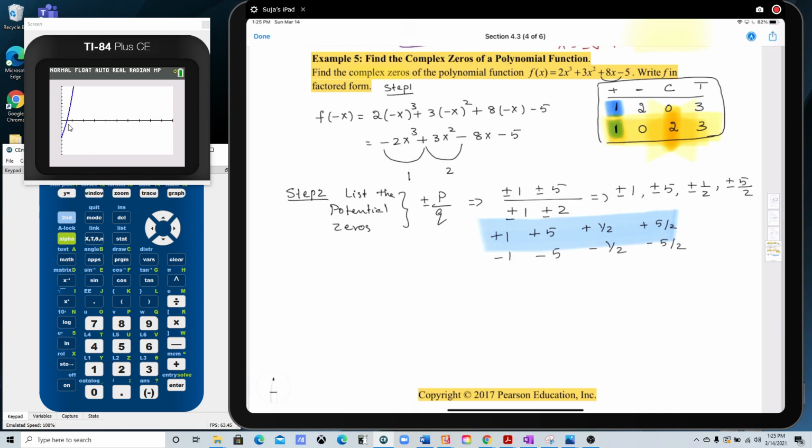Okay, so this is telling me this is one of the zeros. Again, I can look for it either going into the second trace zero option, or I can go into the table and look for it there. When x is 0, that's my y-intercept. I'm looking for my x-intercept, right?